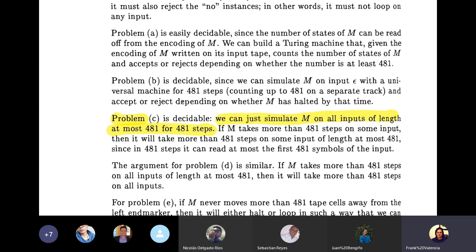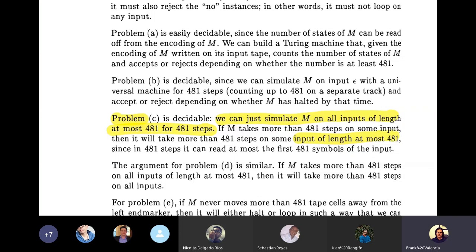So the idea is that if M takes more than 481 steps on some input, then it will take more than 481 steps on some input of length at most 481. Why? Because you need to read the input, right? If it takes 481 steps, you can read at most the first 481 symbols of the input. Okay, is that clear?